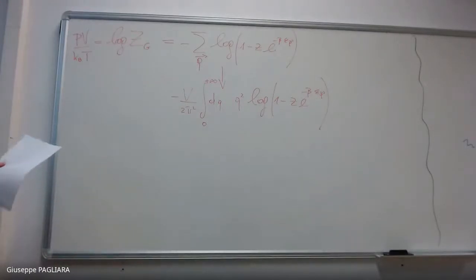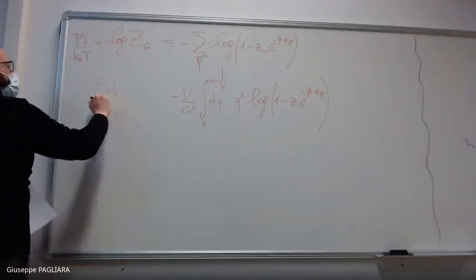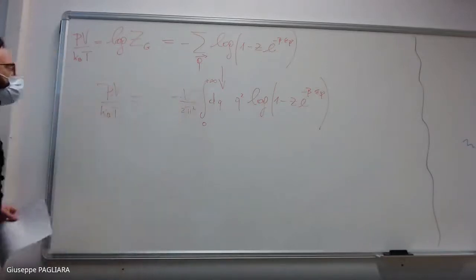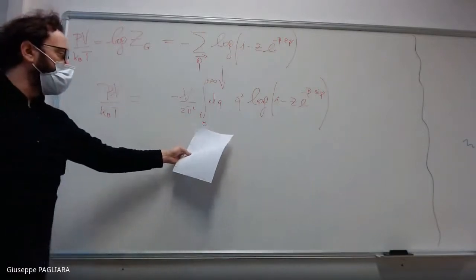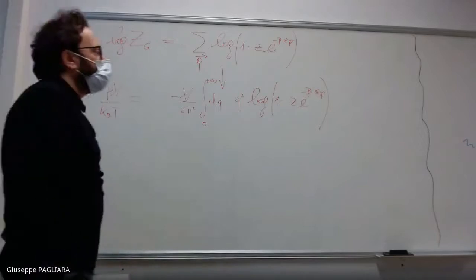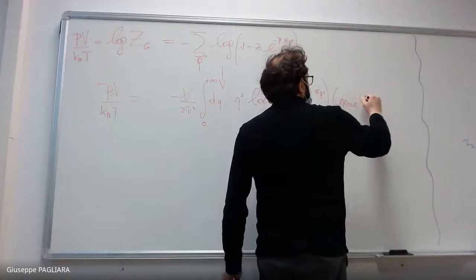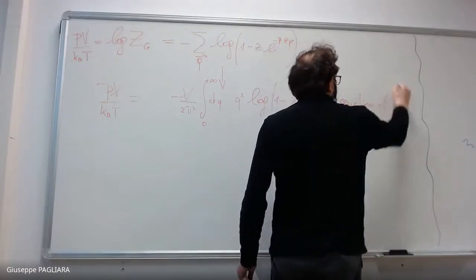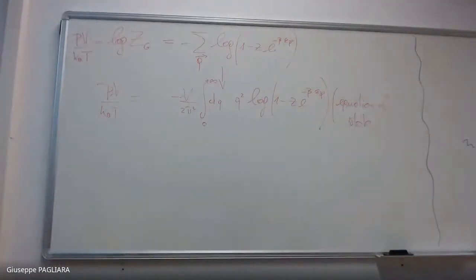From which I can derive PV equal to KBT times this. The volume drops, and therefore I have a pressure divided by temperature, which is provided by this relation. So this is the equation of state.